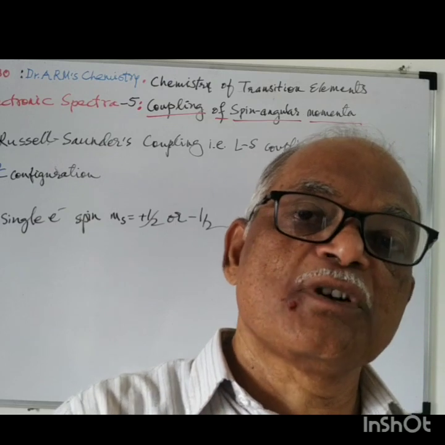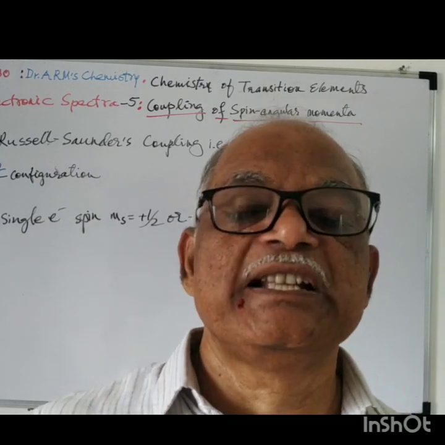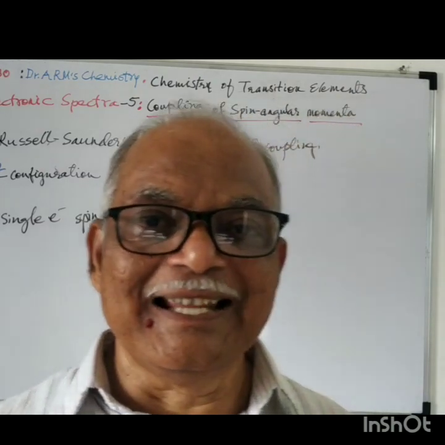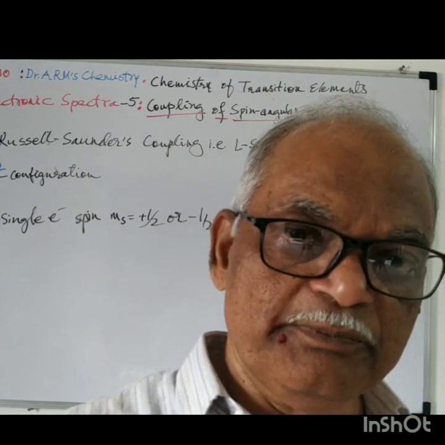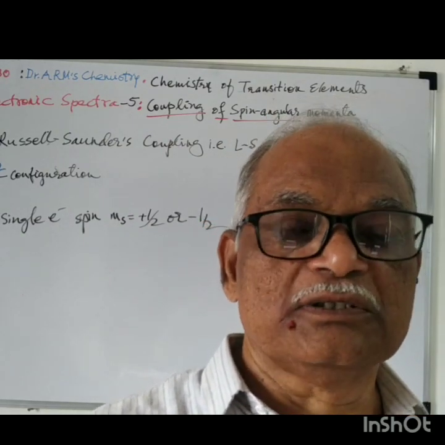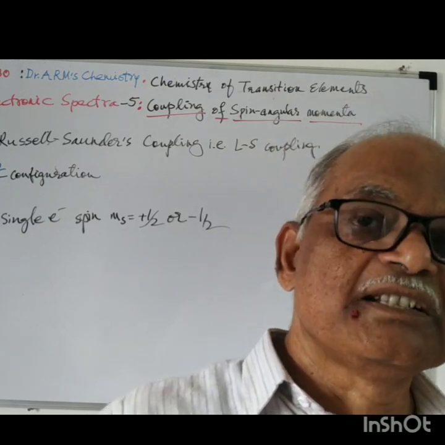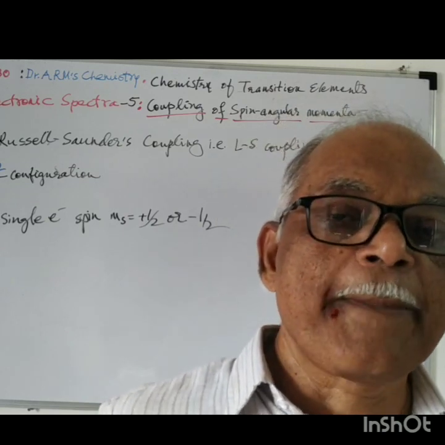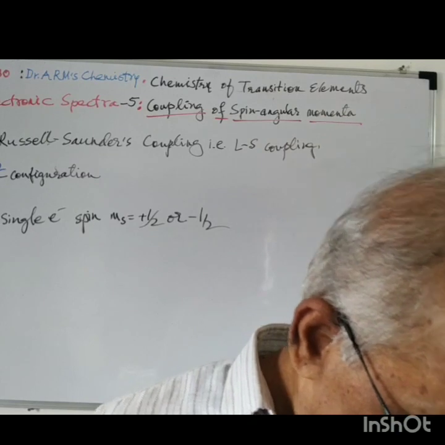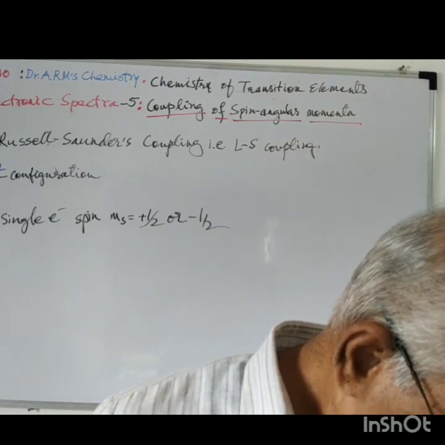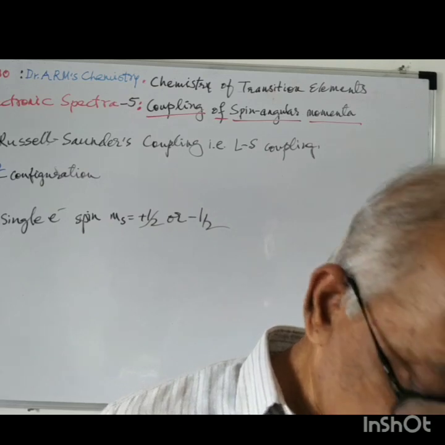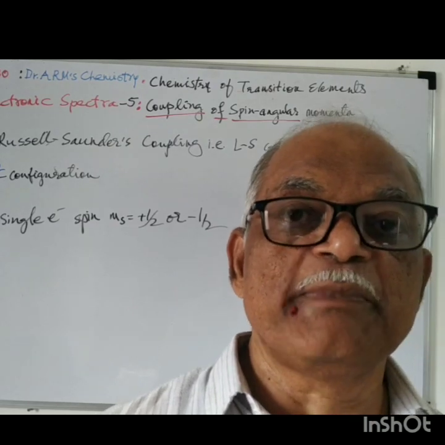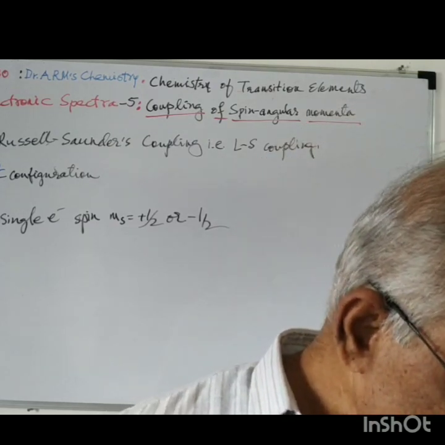So each electron has its own magnetic field, and when these electrons are together in the given subshell, the magnetic field of each electron interacts with the magnetic fields produced by the other electrons, and therefore there is coupling. The coupling results in the total value, that is the spin angular magnetic moment or quantum number.